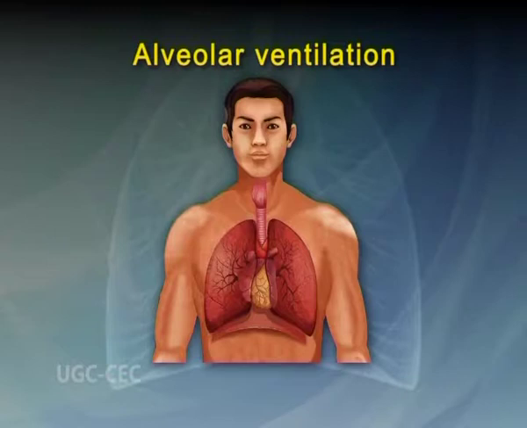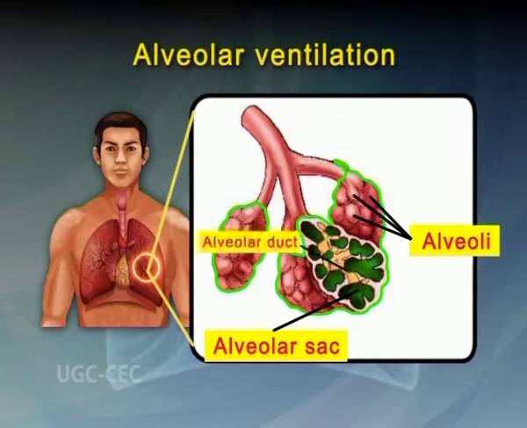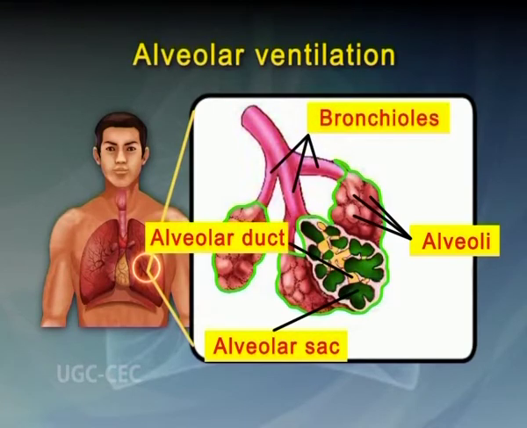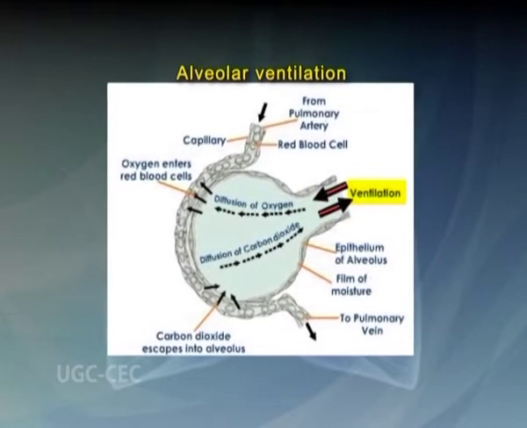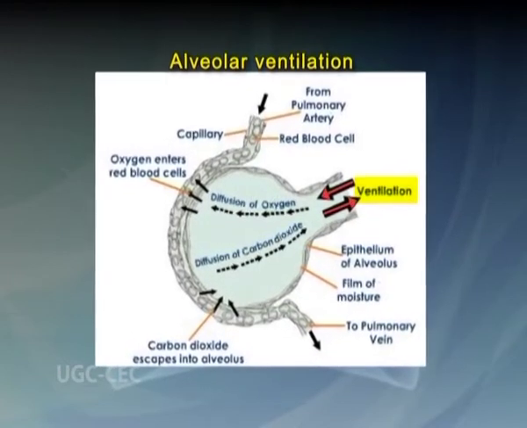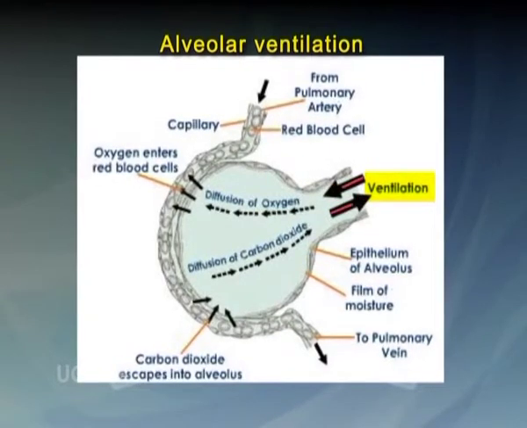In alveolar ventilation, the gas exchange area in the lungs includes the alveoli, alveolar sacs, alveolar ducts, and respiratory bronchioles. The rate at which new air reaches these areas per minute is known as alveolar ventilation.